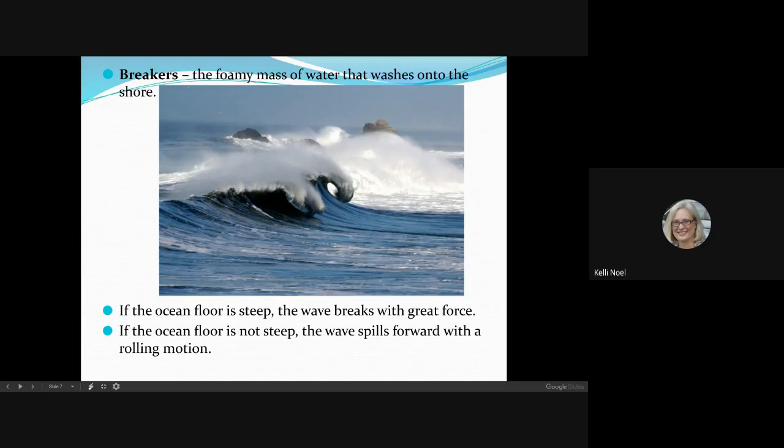If the ocean floor is steep, it's going to break with great force. If the ocean floor is not steep, it's going to have more spills. It's going to have that slower rolling motion. There are steeper floor off the coast of California, so you're going to have breaking with a greater force than you will on our coast.